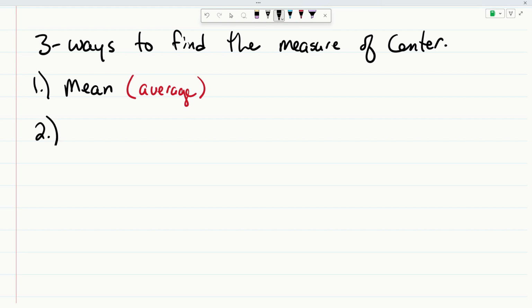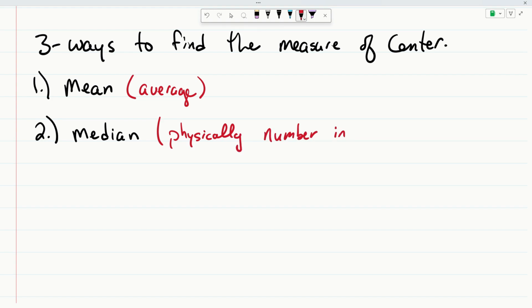The next way would be the median. An easy way to remember this, or maybe you've heard of this before: this is literally or physically the number in the middle of a sorted list of data.